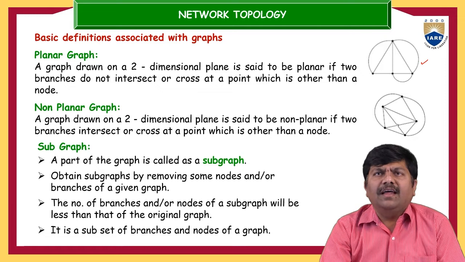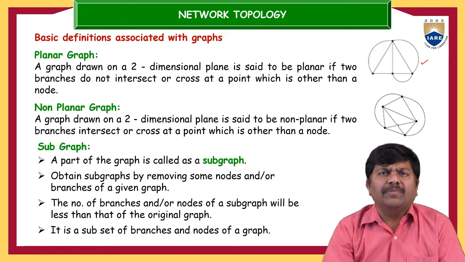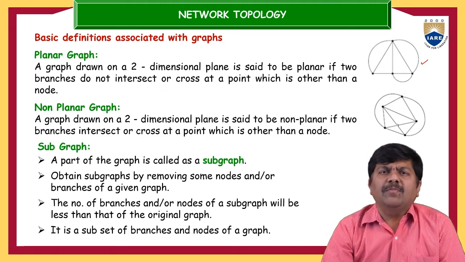And the next one is the non-planar graph. A graph drawn on a two-dimensional plane is said to be non-planar if two branches intersect or cross at a point which is other than a node. At the node, crossing does not carry any sense, but in between the nodes, at any point on the branch or line segment, there may be crossovers.